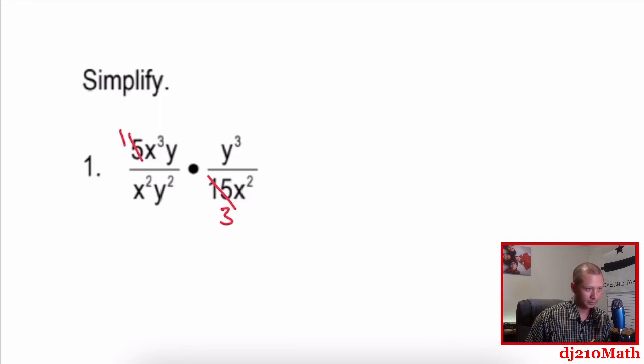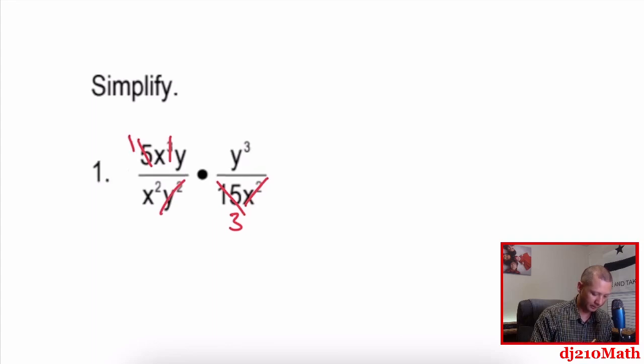Okay, when it comes to variables, there is an x squared in the bottom, and there's 3 x's up top. So we're basically going to take away 2 of them, so there's 1 left. There's a y squared in the bottom, and then up top there is y cubed, so we're taking away 2, so there's 1 left over.